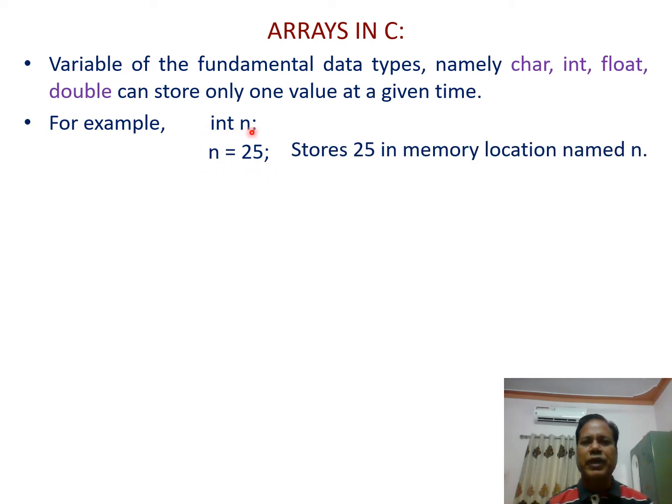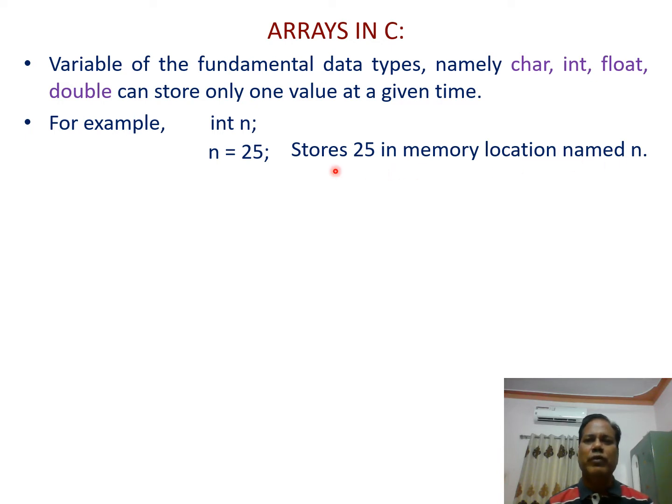Using the first statement, int n;, we declare n as a variable of integer type. Then using the next assignment, we assign 25 to variable n. This assignment stores 25 in the memory location named n.